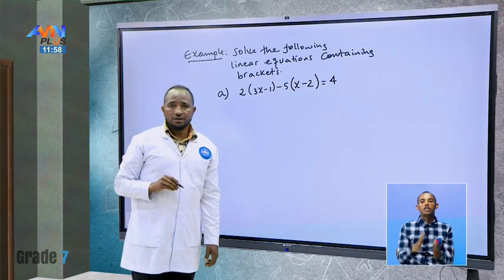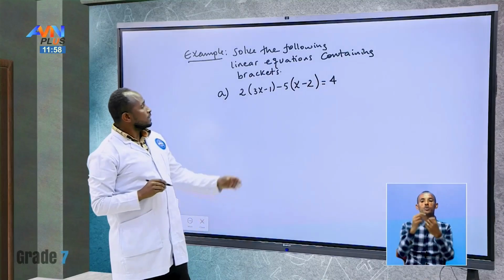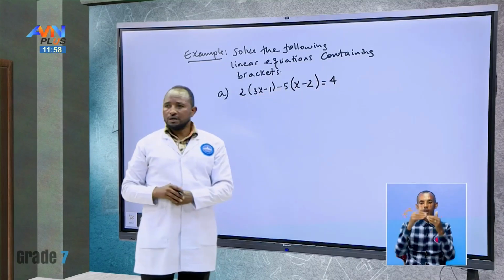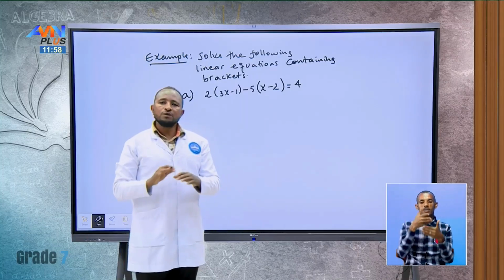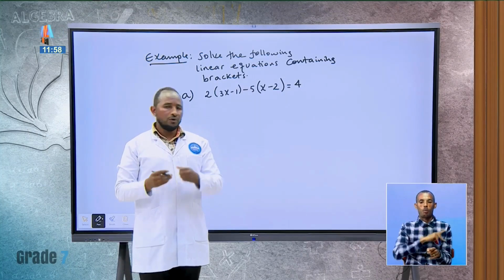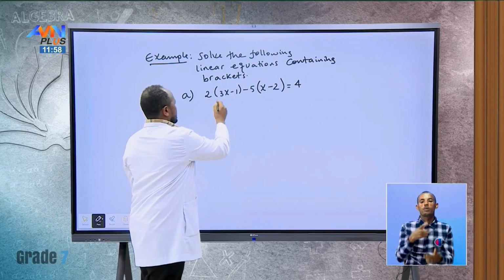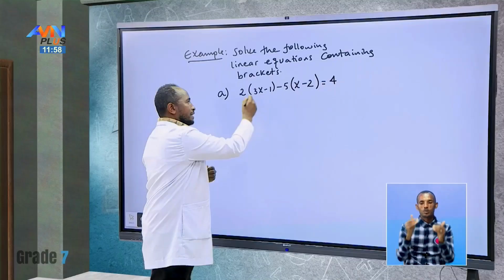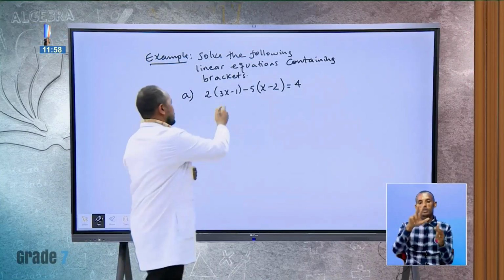Let's solve this together. To solve linear equations containing brackets, your first step is removing the bracket using the distributive property. So let's do it together. 2 times 3x, simply multiply the numerical coefficients. 2 times 3 is 6, and put the variable.